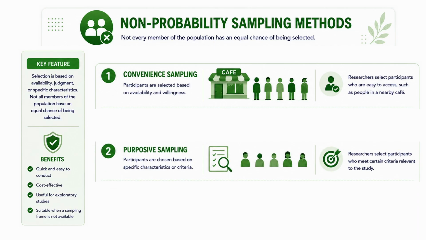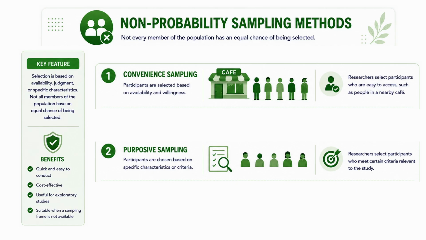Purposive sampling. Purposive sampling means participants are chosen based on a purpose or a specific characteristic. So, in a classroom, you are selecting the top performing students. What are the learning strategies followed by top performing students? So, you are selecting only the top performing students.